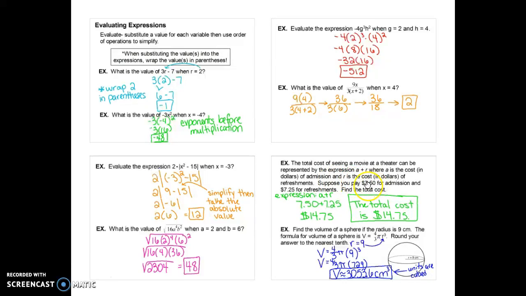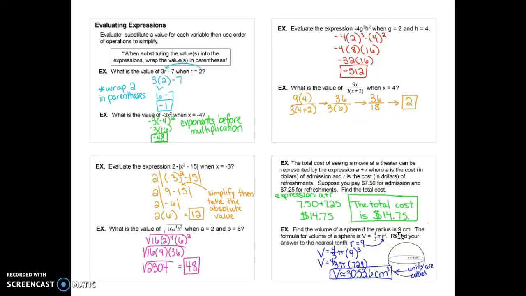So if I'm paying $7.50 for admission, that's my A value. That was the cost of admission. So A is now $7.50 plus my R value, which was the cost of refreshments, I was told was $7.25. So I'm going to plug in my $7.25. When you add those together, you get a total cost of $14.75.